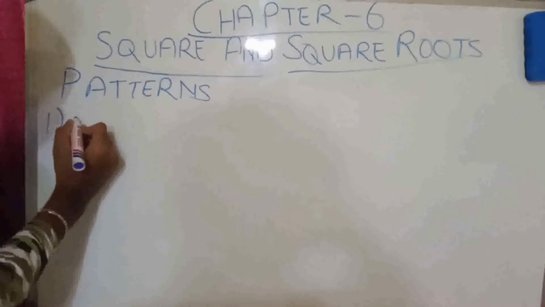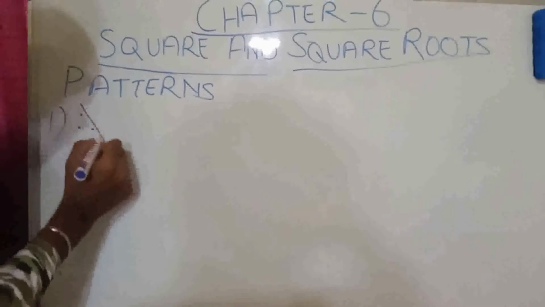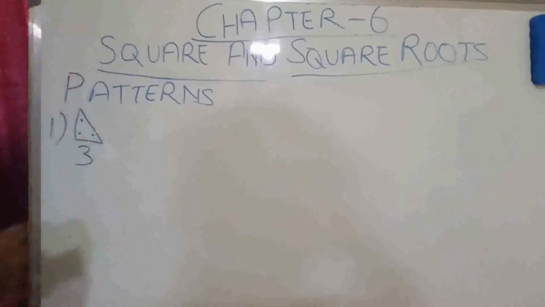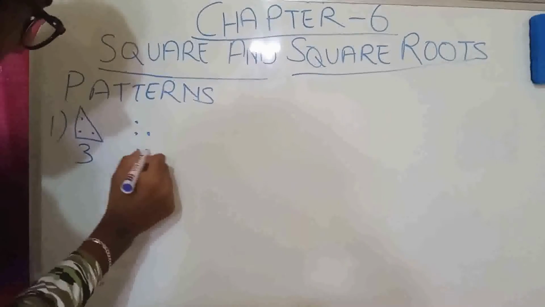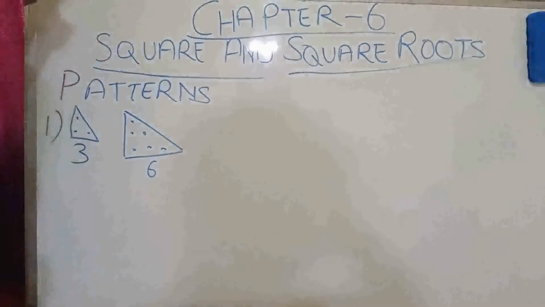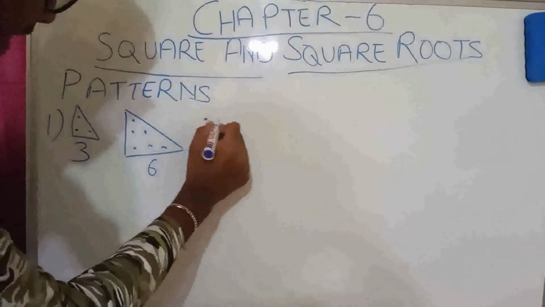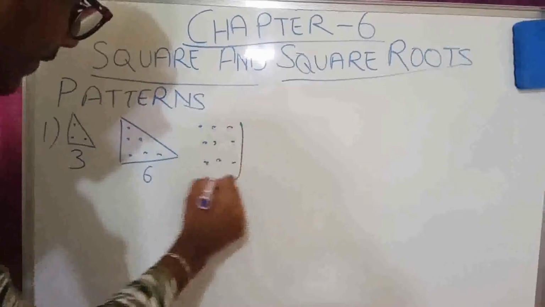Triangular number means like 3 dots, so it's a triangular number. And next is 6, so this is another triangular number, 6. So when we add these, it becomes 9, which is a square number.